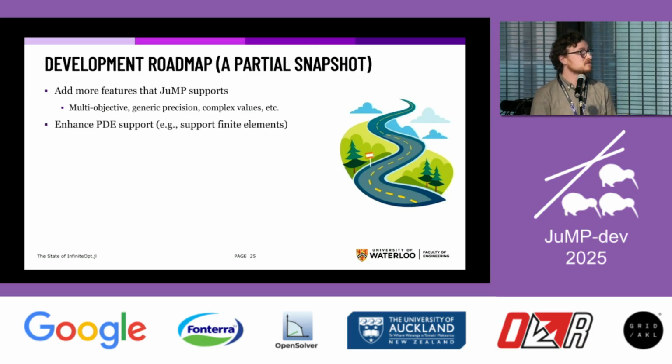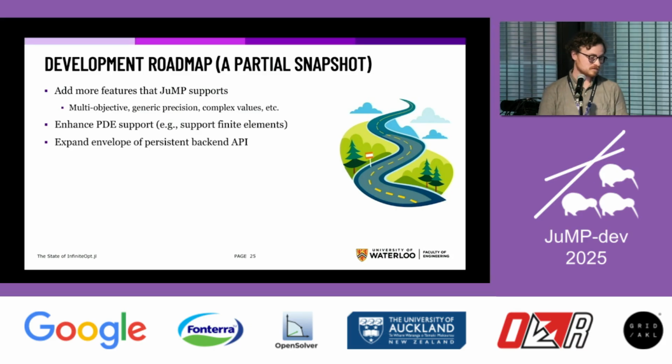We currently mostly rely on finite difference, but we're looking to add support for finite elements as well to do other types of modeling that people typically do with PDEs. Also looking to expand the envelope of our persistent APIs, which currently just supports start values and parameter updates. We're maybe looking at adding and deleting constraints and stuff like that so we can keep our persistent backend for more efficient resolves.